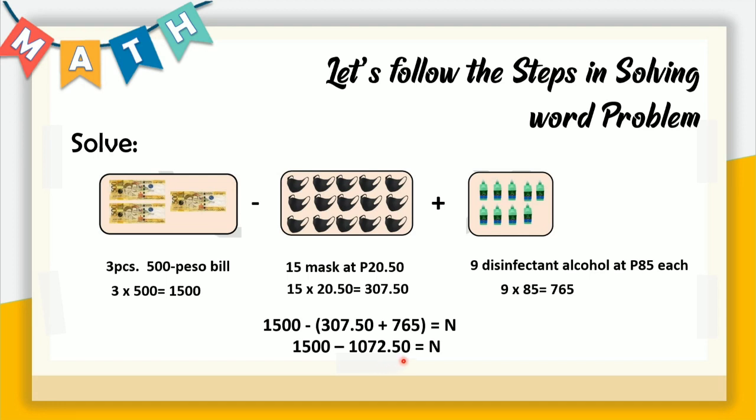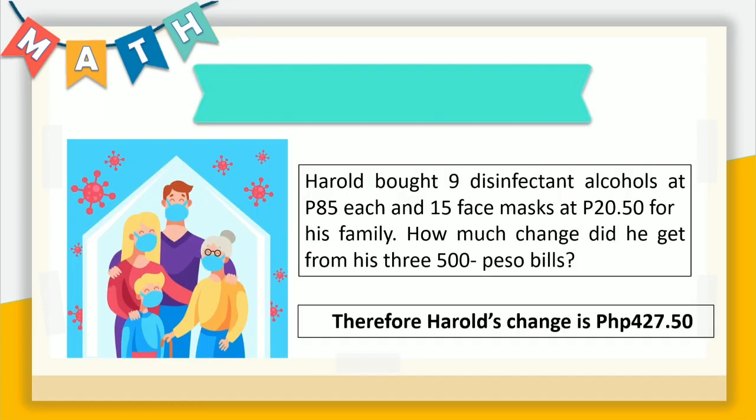Then perform the last operation, which is subtraction. 1,500 minus 1,072.50 is equal to 427.50. Therefore, Harold's change is 427 pesos and 50 cents.